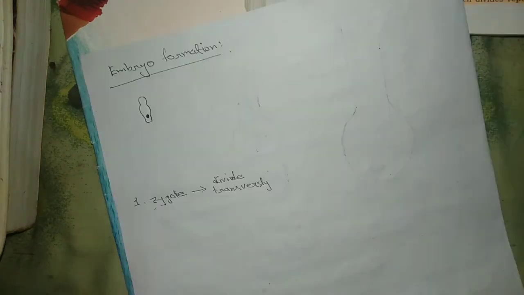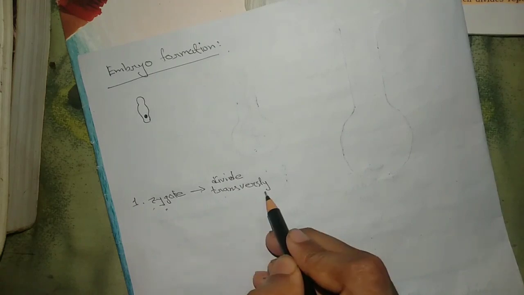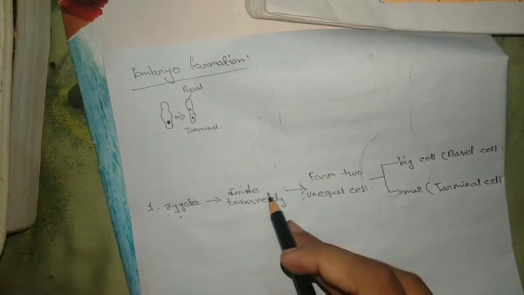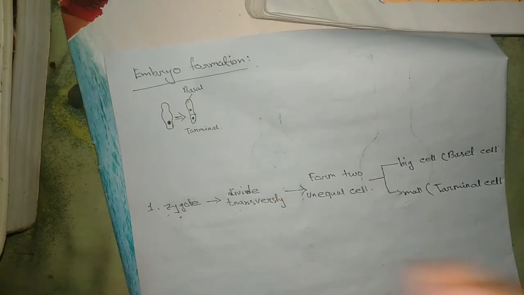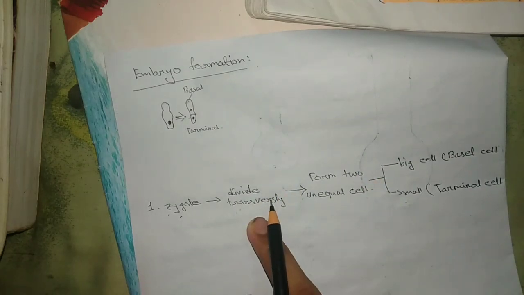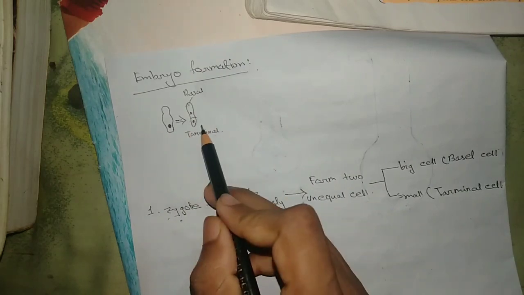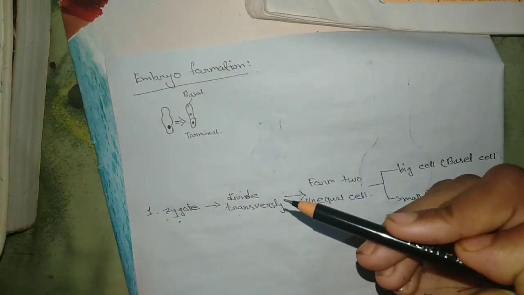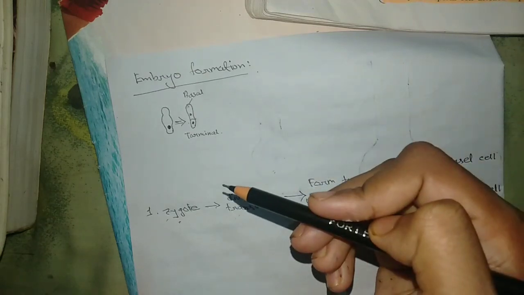Okay, the zygote cell divides transversely. When it divides transversely, two cells are formed, and these cells are unequal.